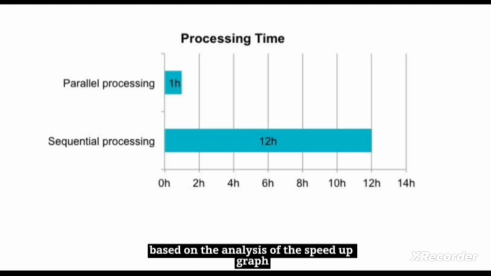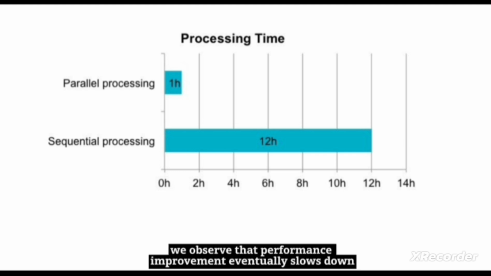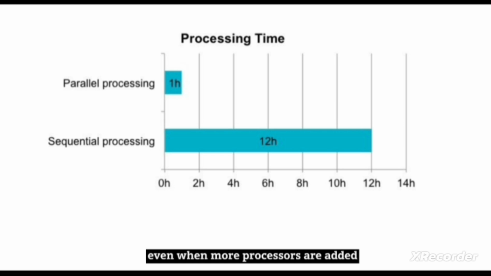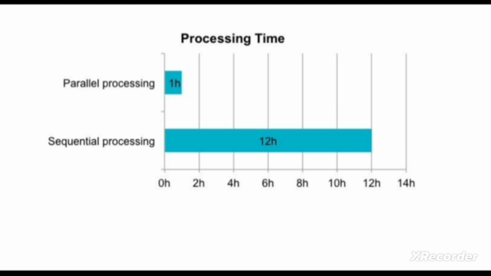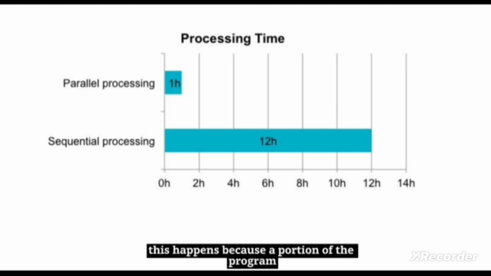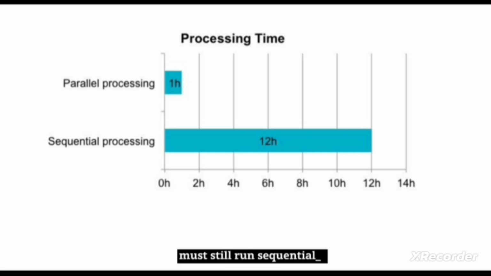Based on the analysis of the speed-up graph, we observed that performance improvement eventually slows down even when more processors are added. This happens because a portion of the program must still run sequentially, which creates a natural limitation in how fast the entire system can execute.